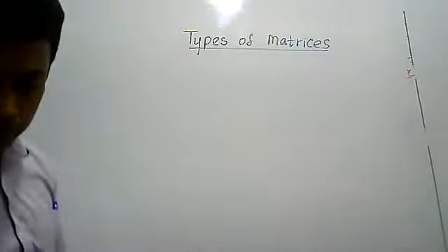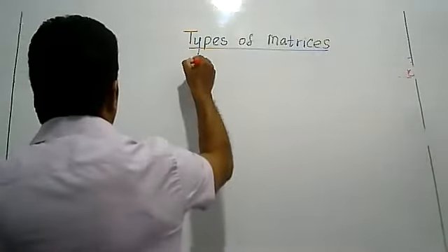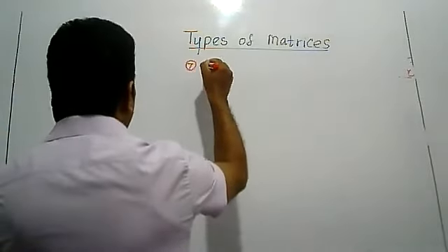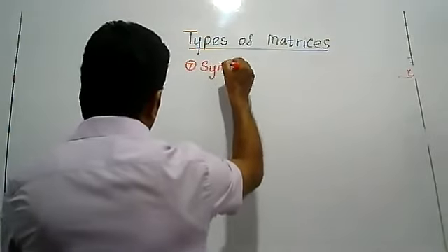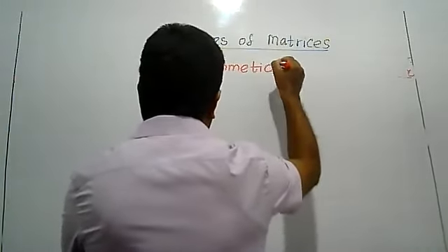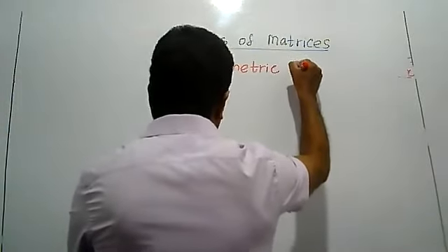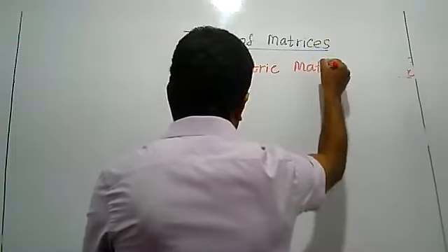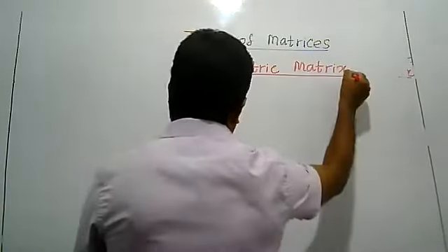Type 7. Symmetric matrix. The next type, write down symmetric matrix.